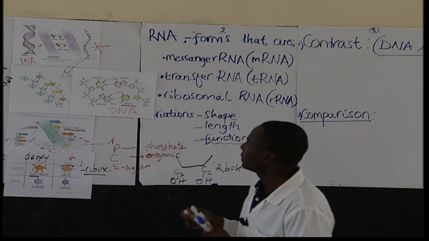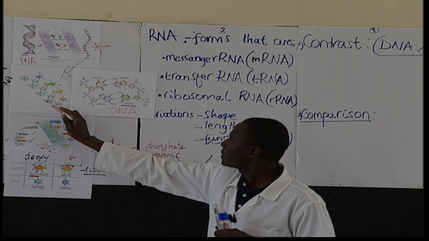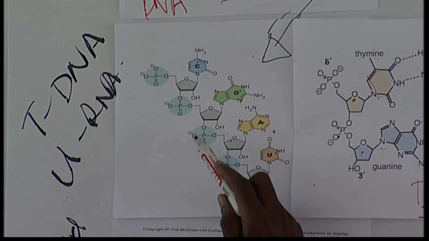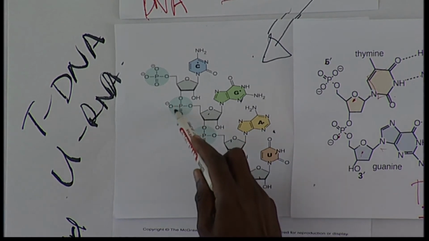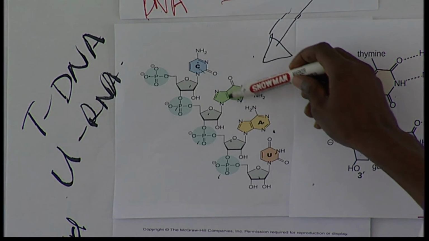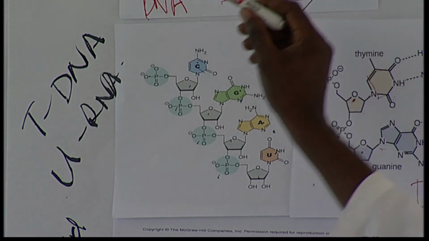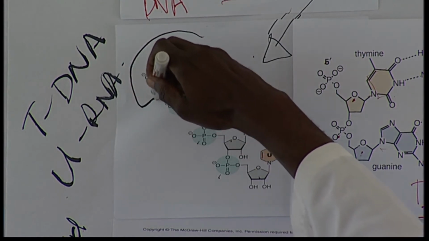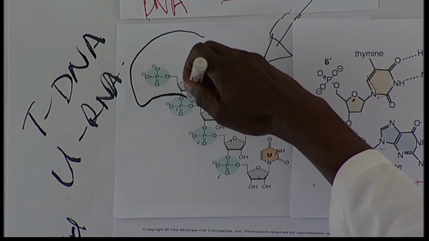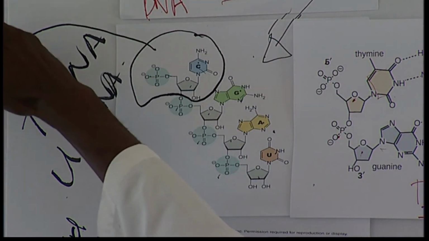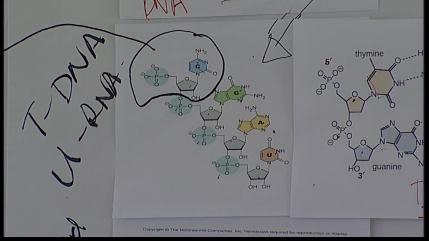Here you have a sugar alternating with a phosphate. A sugar alternates with a phosphate. Sugar, phosphate, phosphate, sugar. Then this is our section where the bases are. Now a single component here is what we shall have as our single nucleotide. I hope you're seeing it very well now.